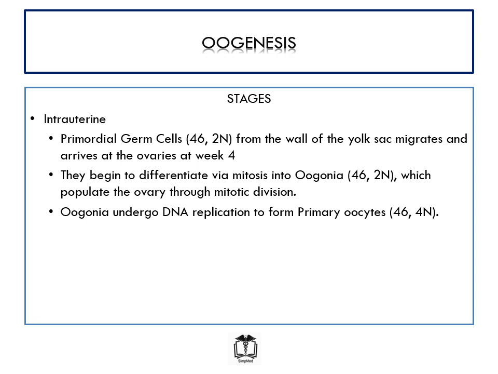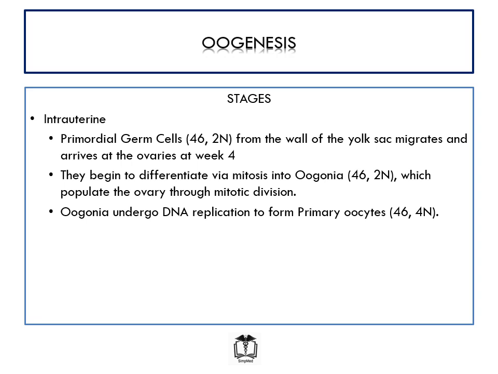So I said before, oogenesis usually begins intrauterine, and this first of all starts with the primordial germ cells migrating from the yolk sac towards the ovaries around the fourth week. Once they get to the ovaries, they don't wait until puberty occurs before they begin to differentiate.